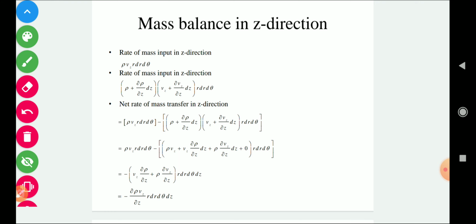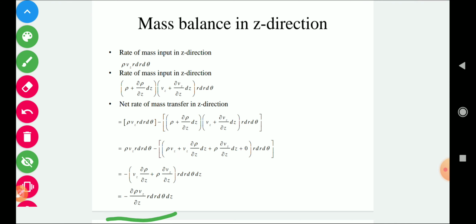And if you open this bracket and put second order or higher order terms equal to 0, then you will get this equation. Again these two terms will be cancelled out and you will be left with these two terms. So take r dr d theta dz as common term, and finally this can be written as del by del z of rho vz. So this will be mass balance in z direction.